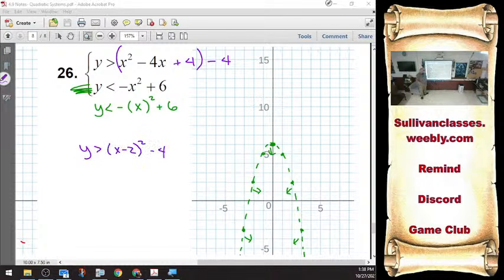It's got a vertex at 2, -4. Okay, I did do it. Almost 4, 5, 6, 7. There we go. And also dotted.